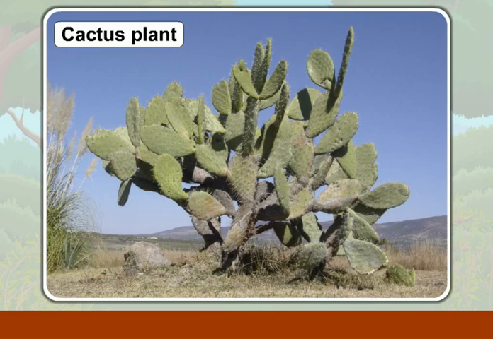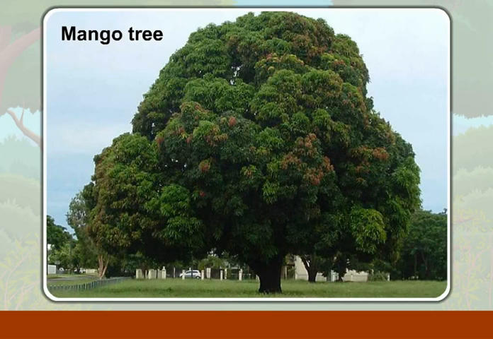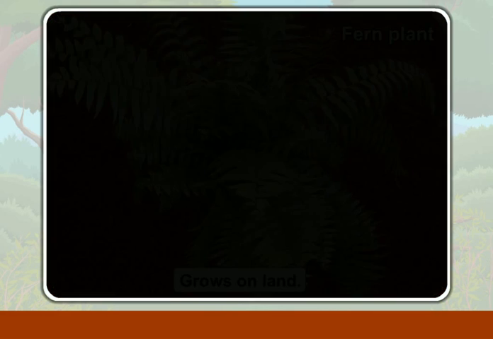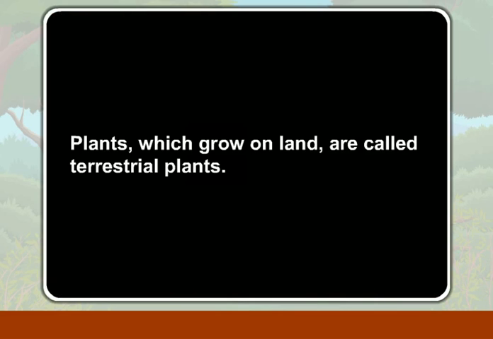Similarly, a cactus plant grows on land. A mango tree grows on land. A fern plant grows on land. Plants which grow on land are called terrestrial plants.